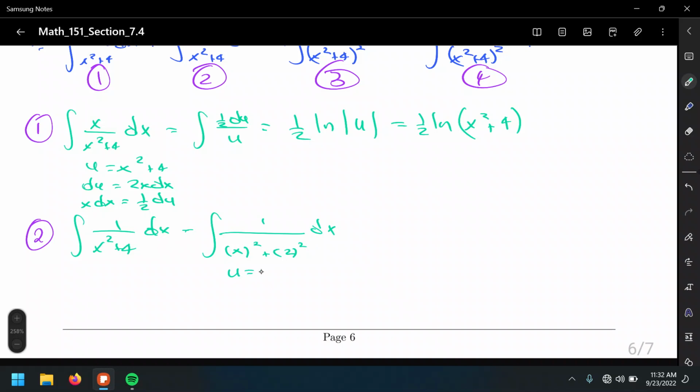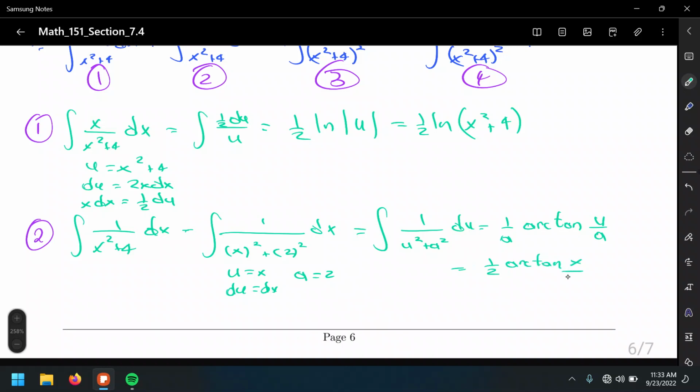So that means u equals x, du equals dx, and a equals 2. This integral becomes of the form 1 over u squared plus a squared du, which happens to be 1 over a arctan of u over a, where a is just 2 and u equals x.